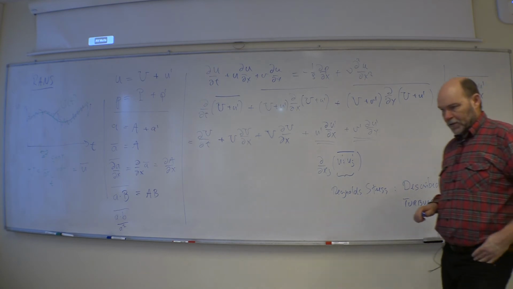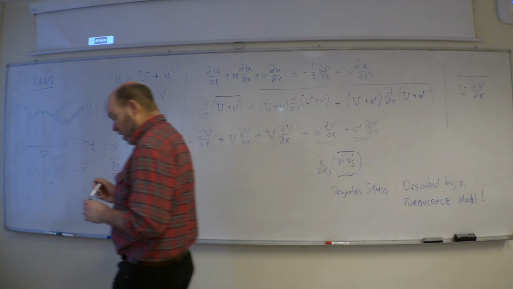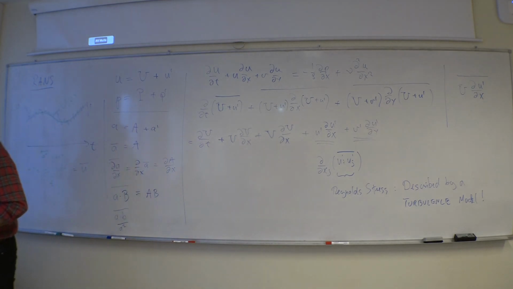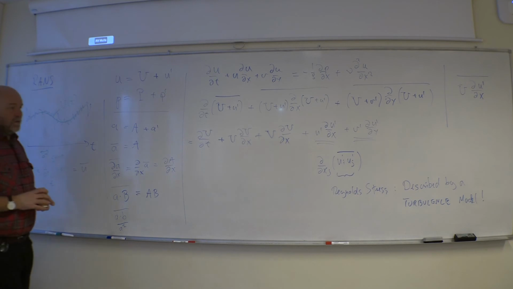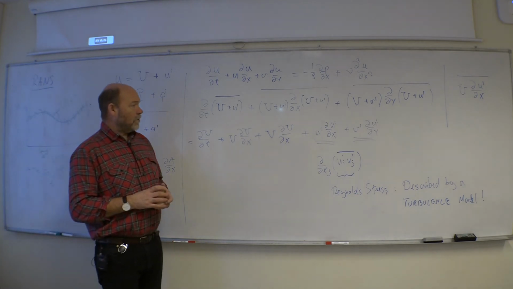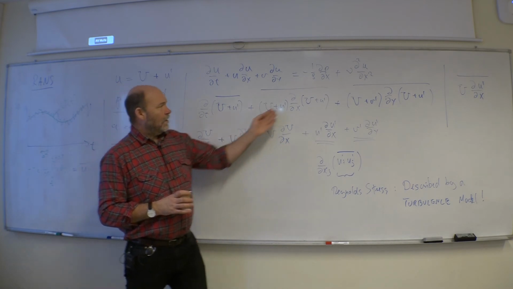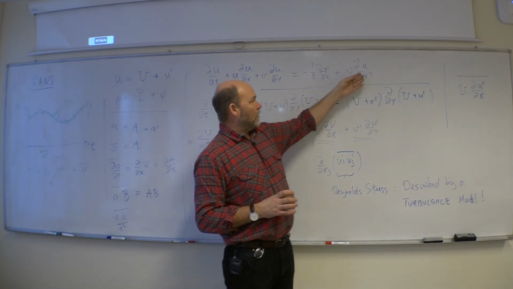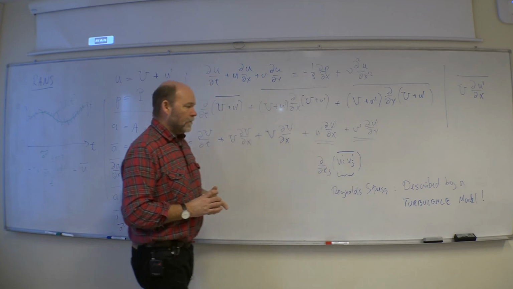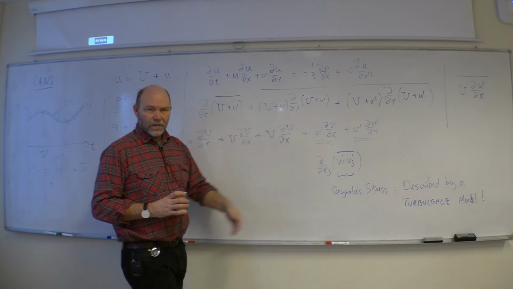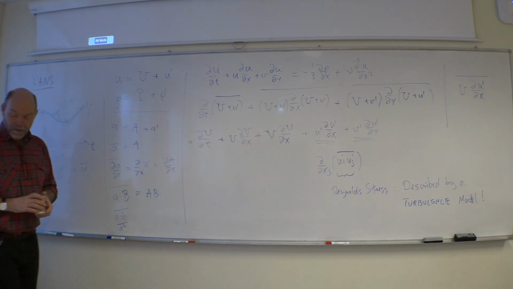So that is a turbulence model for you. That's its job, finding a number for these unknown stresses. The rest we know how to handle. The ordinary Navier-Stokes, not a problem here. And also now with the pressure and the viscous term, not a problem there. It's only these guys that are the pain.